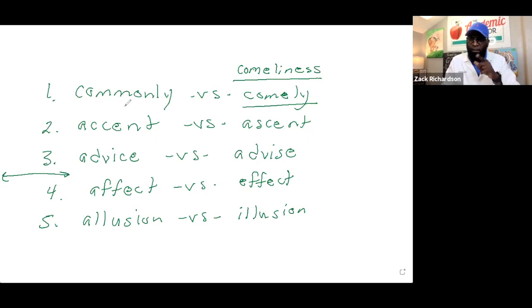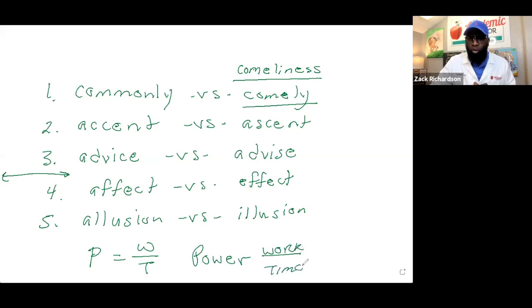We talked about physics during our last session. And I told all those beautiful brains, all 3 of those beautiful brains that showed up for the session, that P is a physics equation, which is P equals W over T. P is the word power, W is work, and T is time. You build your power by putting the work in over time.